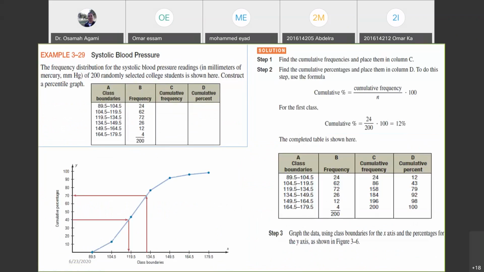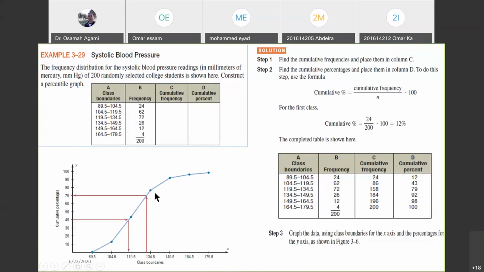Yeah, this is what I would like to know. If you remember, this is the Ogive, right? Or the cumulative relative polygon as well. The difference is the line here. It will be curved if you are going for the Ogive.